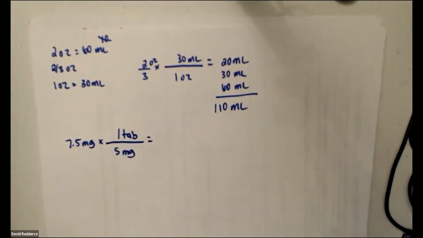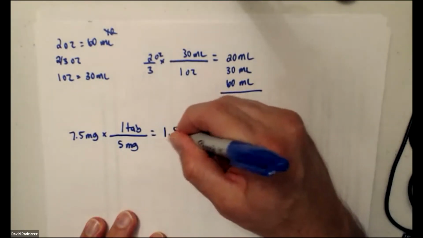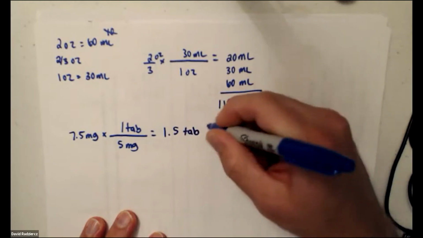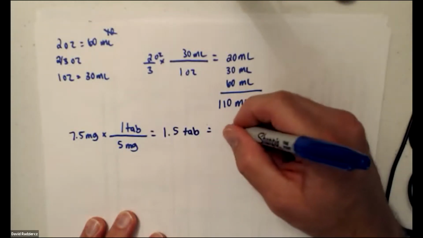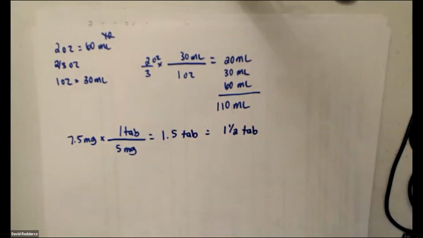So 7.5 divided by 5 is 1.5. So 1.5 tabs. Sometimes they want you to write it like this, 1.5 tabs, or tablets. It just depends on your instructor or how they're grading that. And if it's a multiple choice test, then obviously you choose the one that's most applicable.